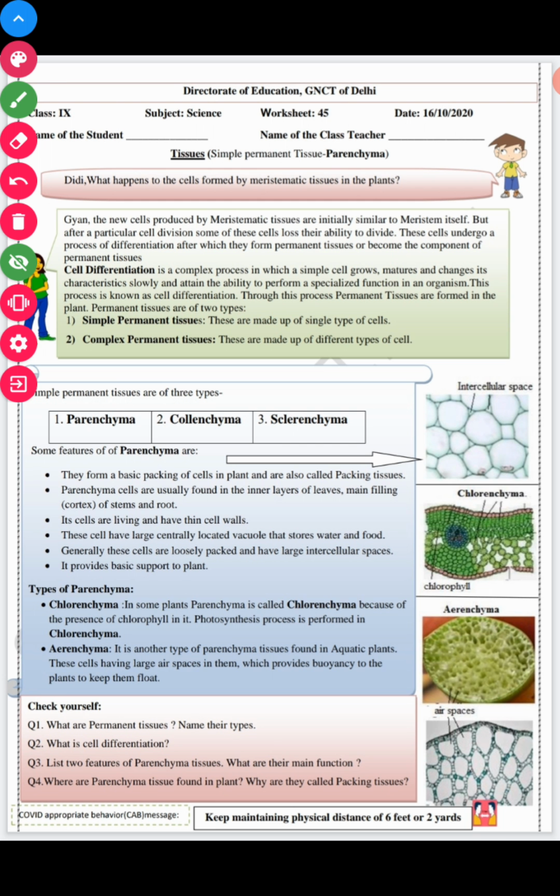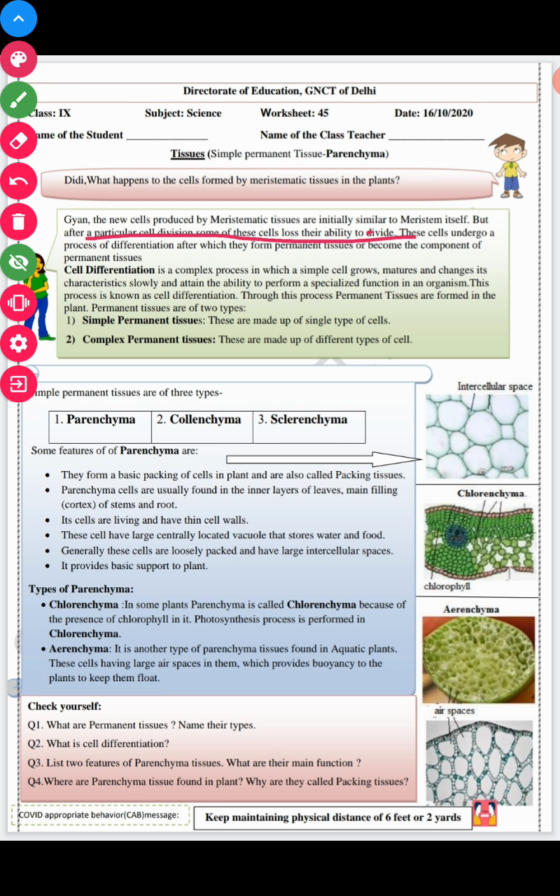Let's do the practice exercise. We have first: what are permanent tissues and name their types. Permanent tissues are those tissues which have lost their ability to divide and got a permanent function. Okay, so permanent tissues are those tissues which lose their ability to divide.